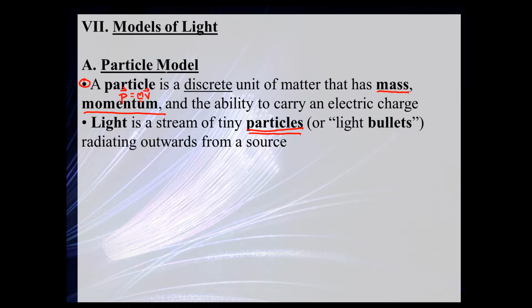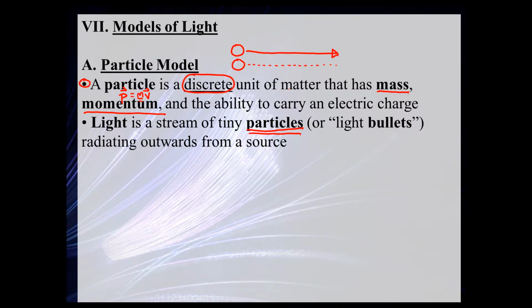But what I really want to focus on is, when we think about a particle in terms of light, let's worry about it being a discrete unit. That's why I want to think of light as being a bunch of little tiny bullets. For example, if we had a wave ray, like light going in one direction from a light source, think of it as this light source firing a bunch of little tiny bullets in every single direction. So that wave ray is actually made up of a bunch of little tiny discrete parts.